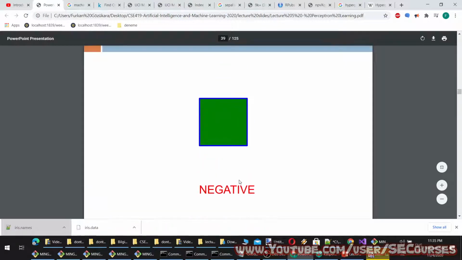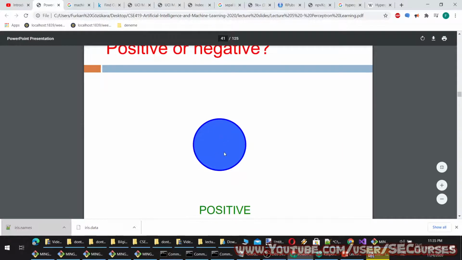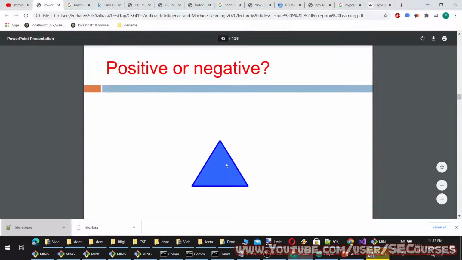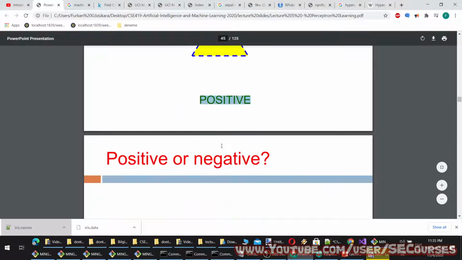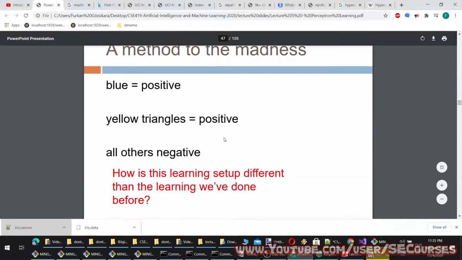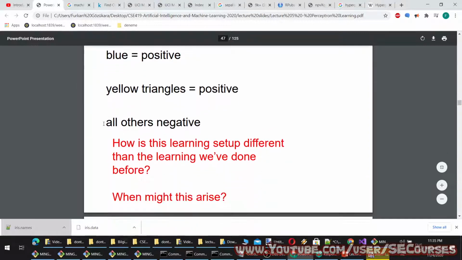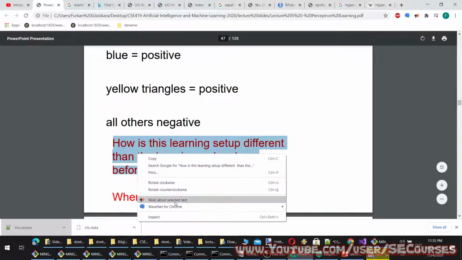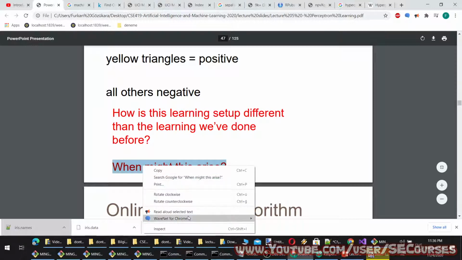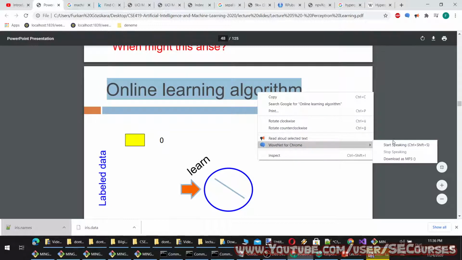Let's say this green one is negative, this red one is negative, this blue one is positive, this yellow one is positive, and this yellow one is negative, and this blue one is positive. So blue is positive, yellow triangles are positive, all others are negative. How is this learning setup different than the learning we've done before? When might this arise? Okay, we will continue.